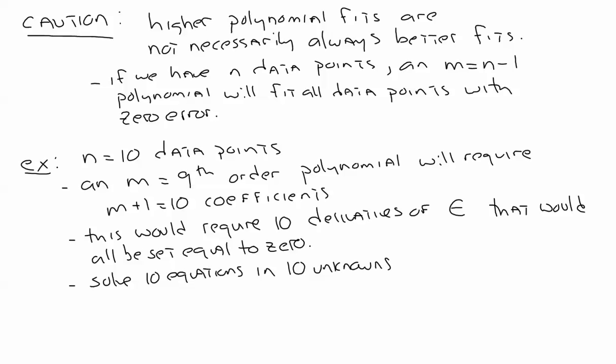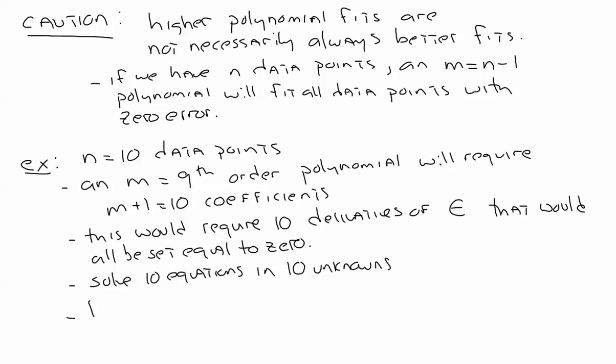And because I have exactly 10 data points, I will end up with exactly 0 error. My ninth order polynomial will go through all 10 data points with 0 error. Solve 10 equations and 10 unknowns.